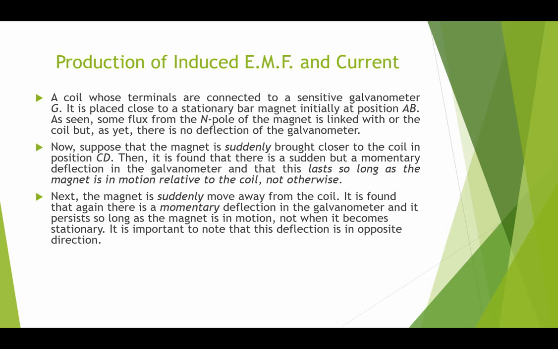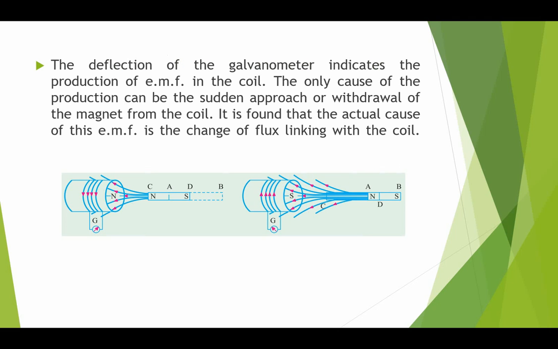It will detect current due to change in EMF, or due to change in flux. When it becomes stationary, there will be no change in flux and hence no current. The deflection of the galvanometer indicates the production of EMF in the coil.